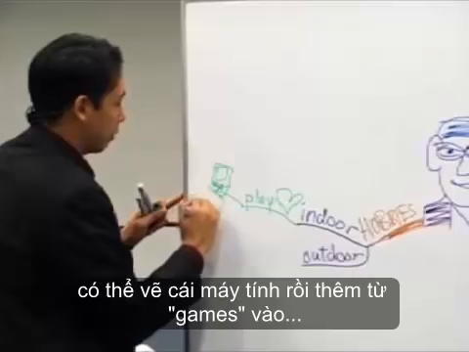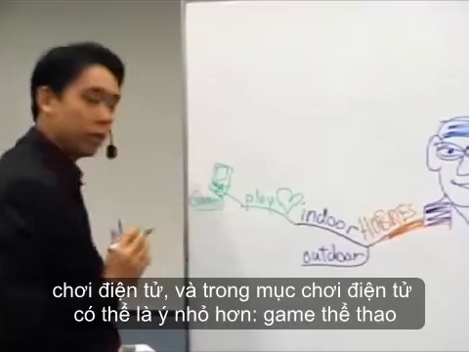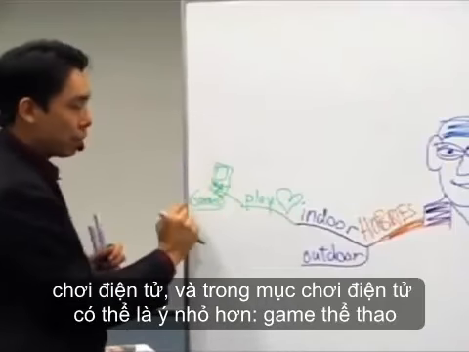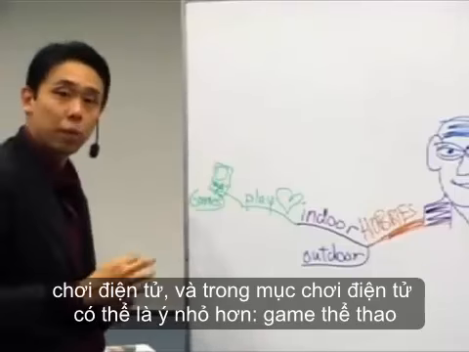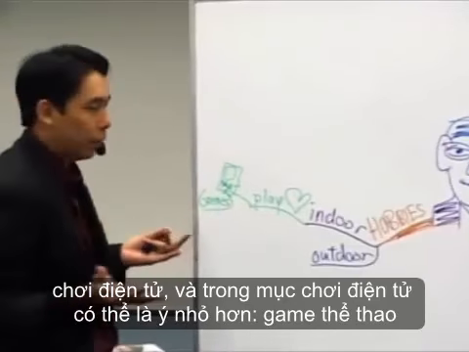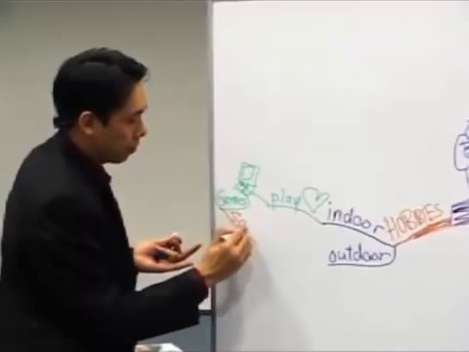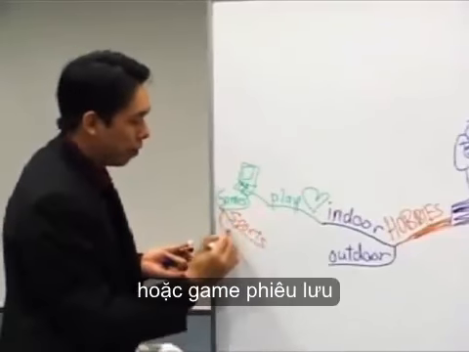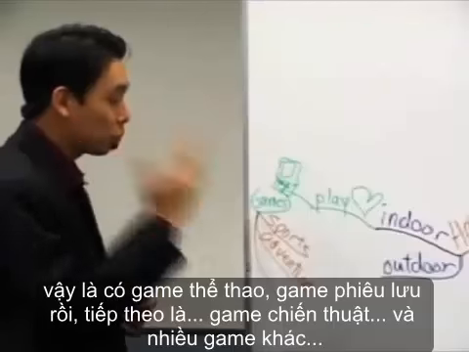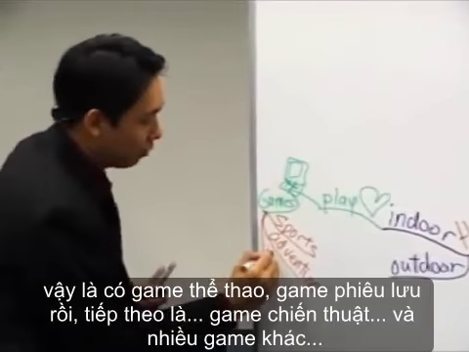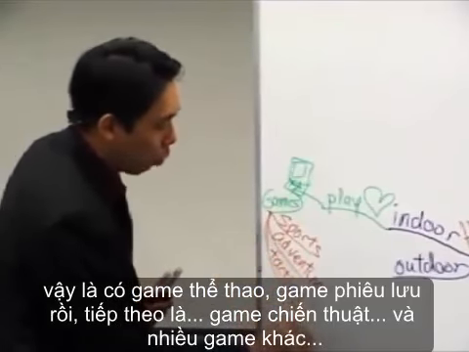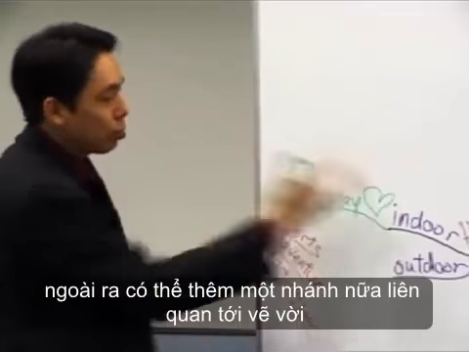And write down the word games. You see that? So loves playing computer games. And let's say under the computer games he loves to play, for example, sports games. He loves to play adventure games. Okay, so for example, we've got sports games, adventure games. He could love tactical games or maybe even war games. Does that make sense? So that could be one of his hobbies.